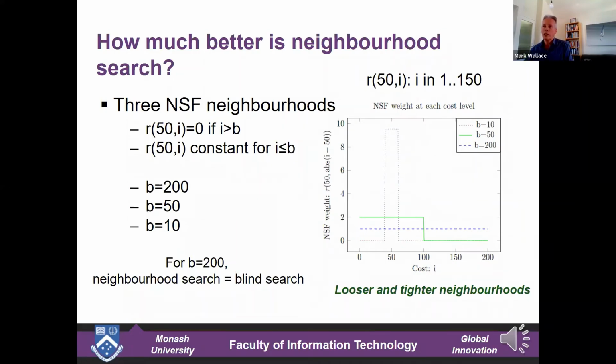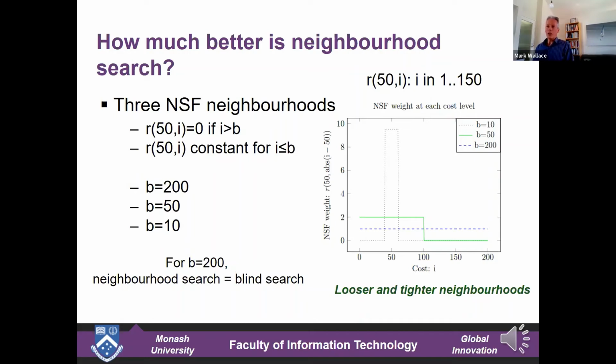And we're also going to look at different neighbourhoods, and we're going to say a loose neighbourhood is one where the probability of going a long way from the current fitness in a neighbour is reasonable. So we'll define here a bound B, on the maximum fitness difference between any pair of neighbours.